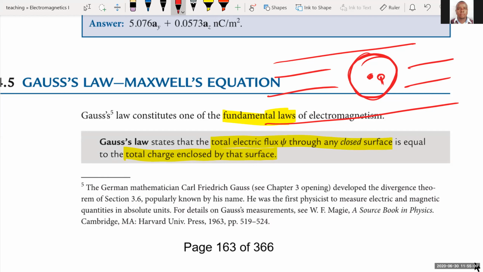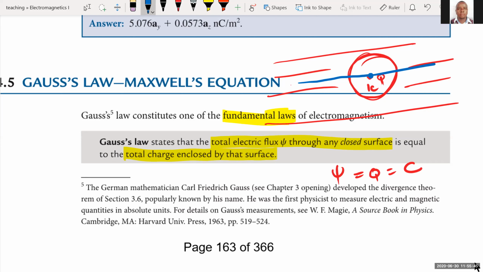Remember that we said the flux is measured in coulombs, and charge as well is measured in coulombs. Therefore, if we have one coulomb here, and one coulomb is equivalent to one flux line, then one flux line will pass through, get in touch with my charge, and then come out.